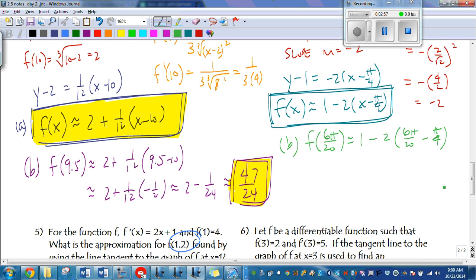So pi over 4, we can think of that as 5 pi over 20. We multiply top and bottom by 5. So we're left with 1 minus 2 times pi over 20. Right, because we have 6 pi over 20 minus 5 pi over 20. So we end up with 1 minus pi over 10. We can leave our answer like that.